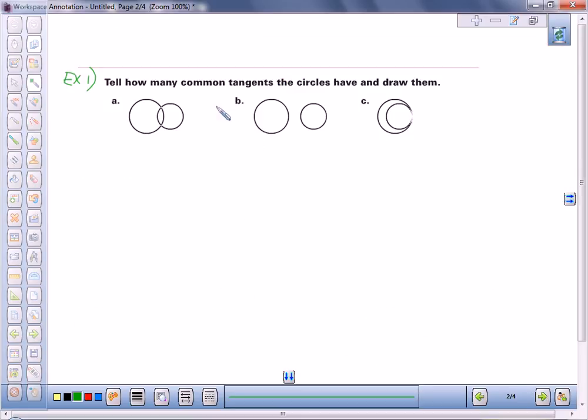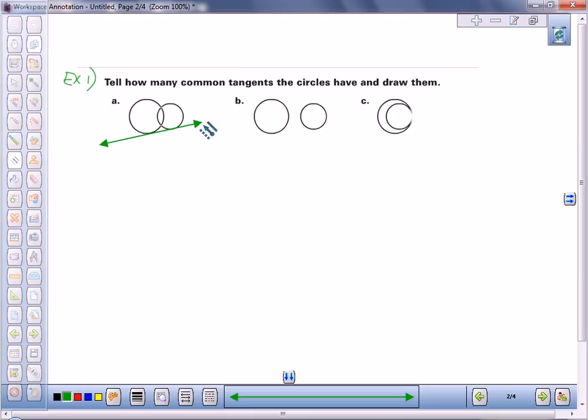Example 1. Tell how many common tangents the circle has. So when we're looking at common tangents, how can we draw a line so that it is tangent to both circles? I'm going to attempt to do this with my line drawing tool here. We want it to be tangent to both, so just touch in one point.